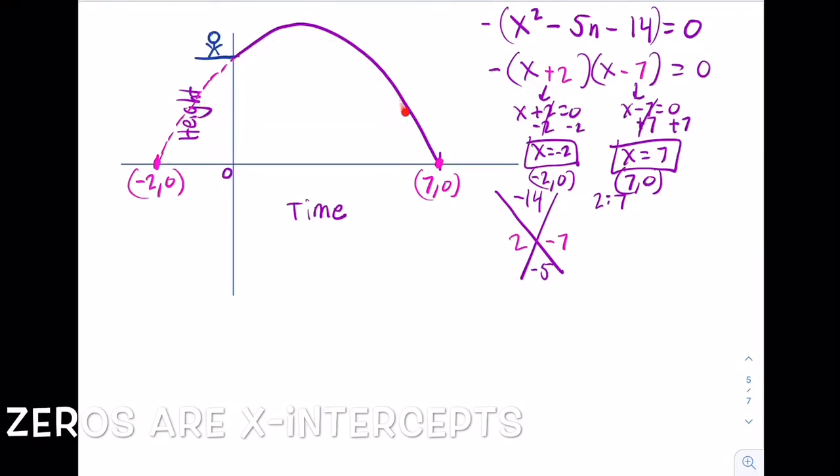But it just represents the shape of our graph. So if it intersects at -2 and goes all the way to 7, you can tell the ball is going to hit the ground at exactly 7, and if it's seconds, exactly 7 seconds. So that's why it's important, how we can apply it to real world problems.